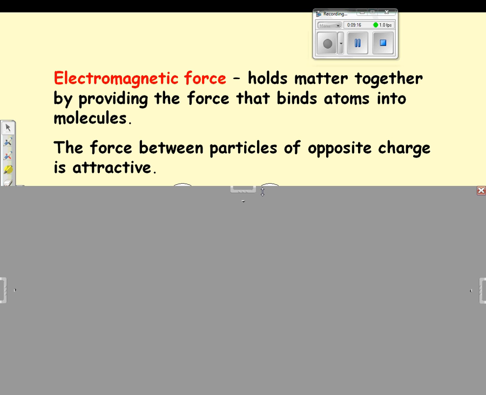The electromagnetic force is the force that holds matter together. It's literally what's holding you together. Otherwise, you'd just be a bunch of molecules floating around. It provides the force that binds atoms into molecules. So, the hydrogen atoms in your body are combined with the oxygen atoms in your body to create what?